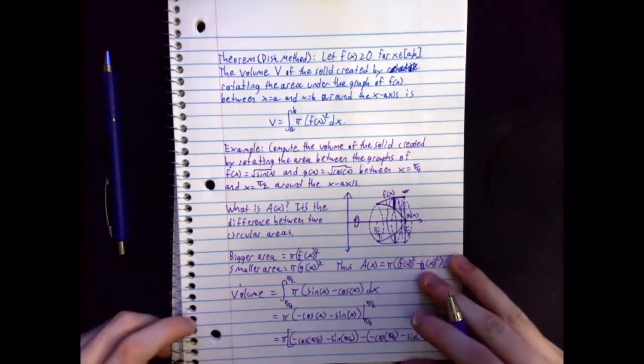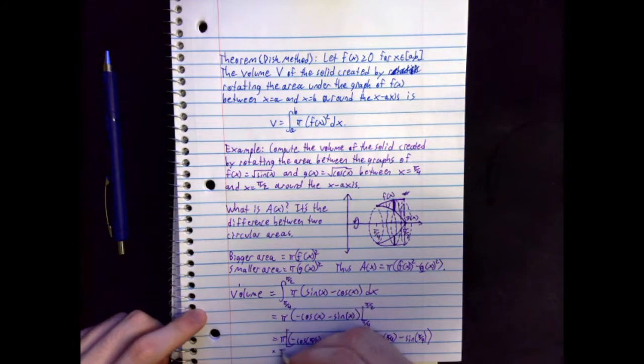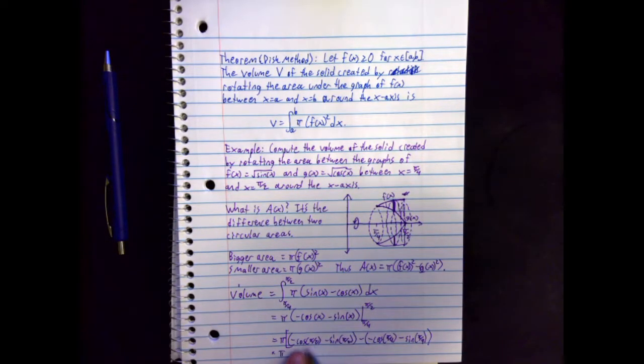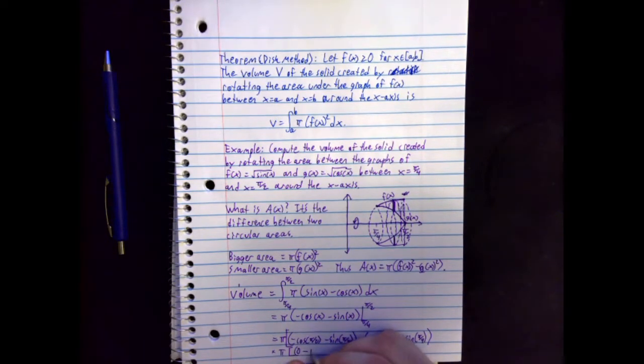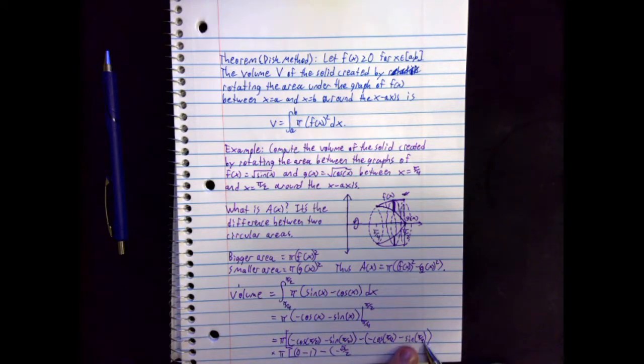And I'm running out of room, but hopefully should be all good here. So negative cosine of pi over 2, that's just 0. So this is 0. Sine of pi over 2 is 1, so minus 1. I have minus negative cosine of pi over 4, which is negative square root of 2 over 2. Sine of pi over 4 is square root of 2 over 2 as well.